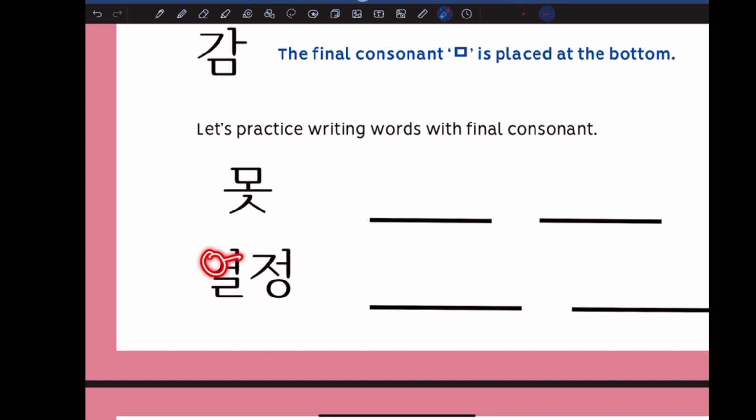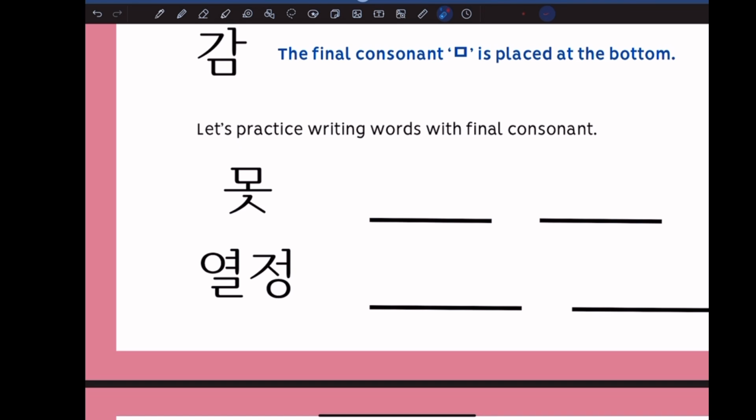As the ng sound and the ya sound combine, like we said before, the ng sound gets eliminated. So we only pronounce the ya sound. As the ya sound combines with the r sound of the consonants, it is pronounced as 열. The j consonant, as it combines with the vowel, is going to be pronounced as 저.